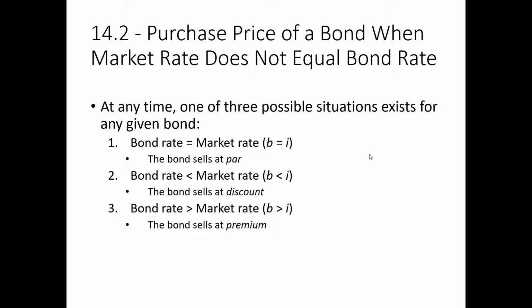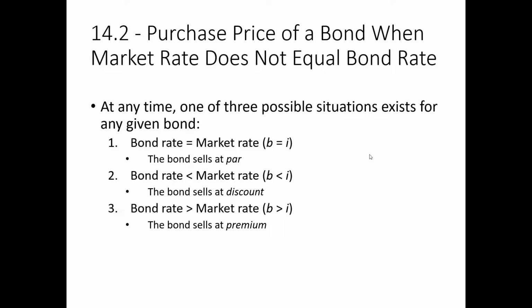It goes all around, right? The fact that you put an interest rate in a bond contract, everybody else goes and says, okay, well, that's fine for you, but we don't necessarily agree with that. Or economic circumstances, the company's circumstances change, and the market rate may change as well. So the market rate fluctuates, even though the bond rate is set by the contract, and it does not change unless the contract allows it to change. But typically, it does not change.